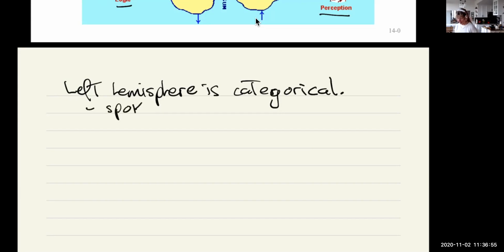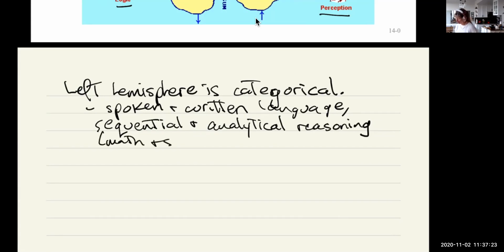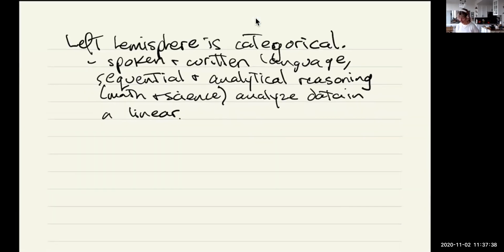It's specialized for spoken and written language, sequential and analytical reasoning, math and science, for example, analyzing data in a linear way as opposed to a more abstract way.